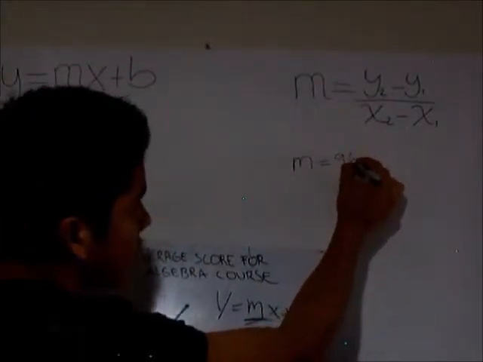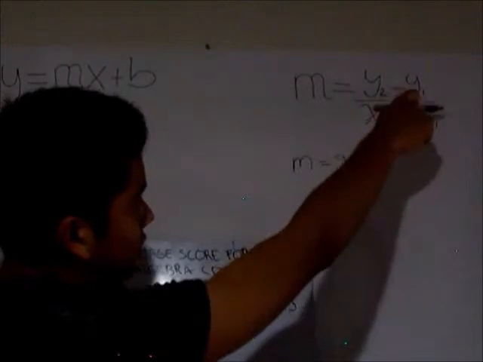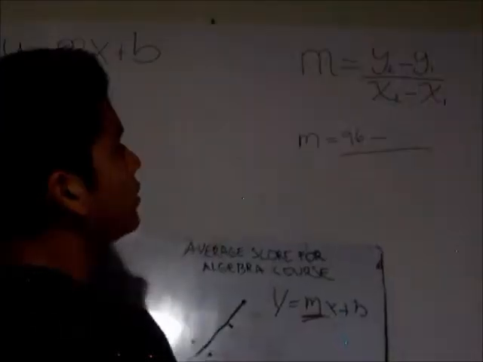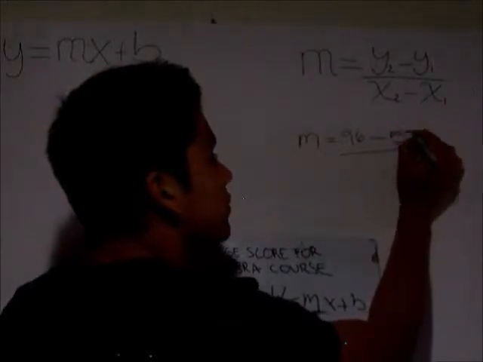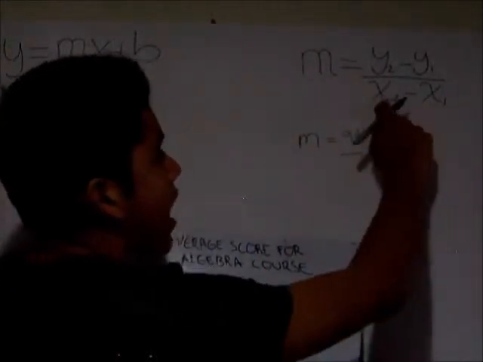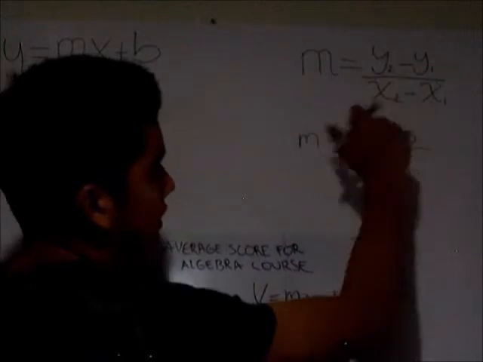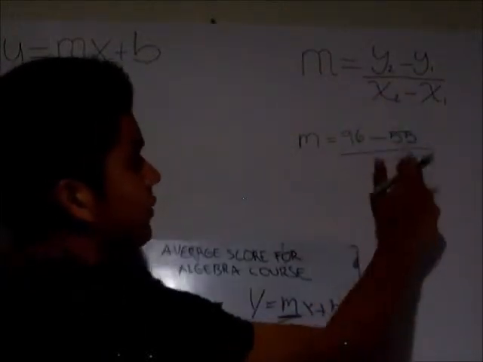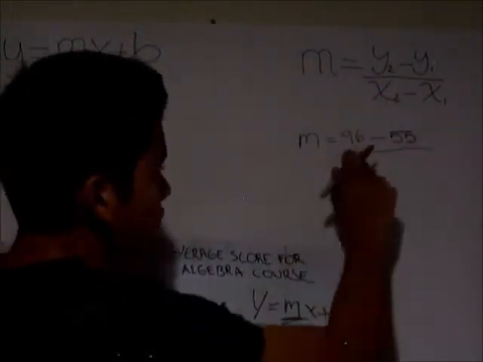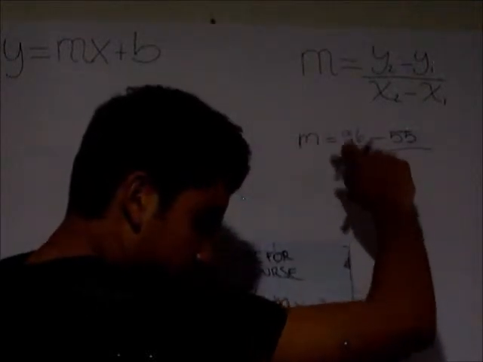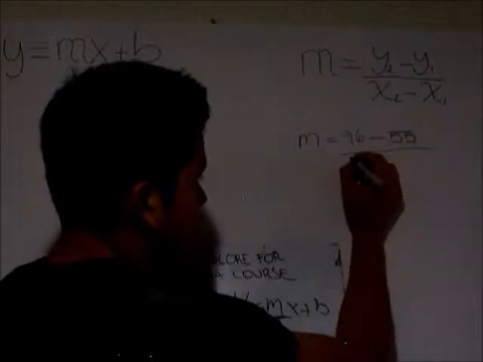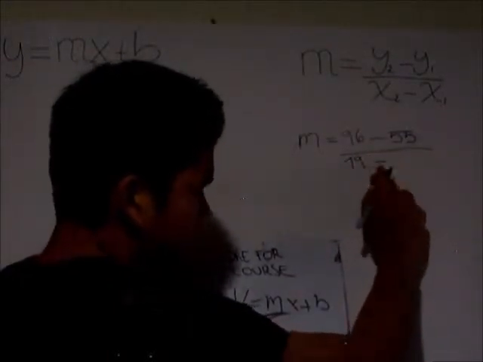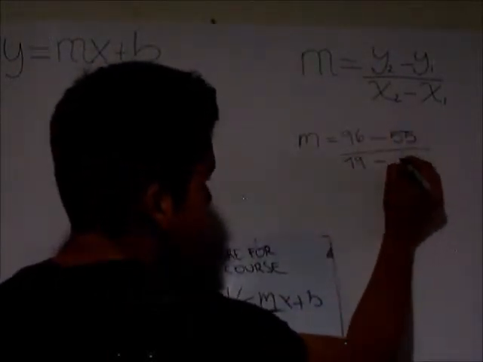96 minus 55, and with its respective x number, that will be 19 minus 10.